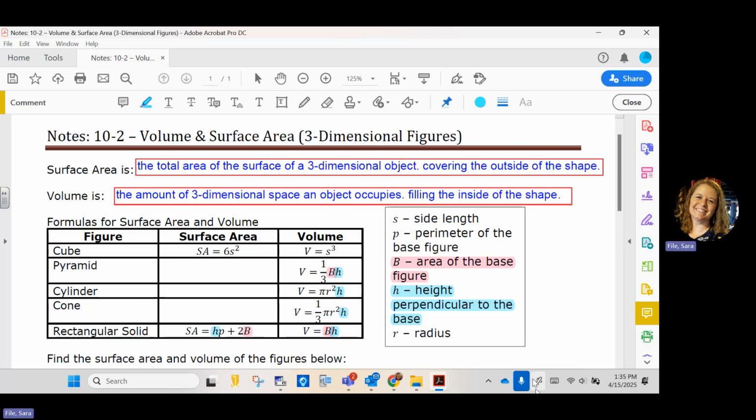If you want to add a little sketch to the side, in case you forget what the word perpendicular means, you can just draw a right angle, usually marked with a little box like that. So the height and the base have to make a 90-degree angle. That's what that's telling us.